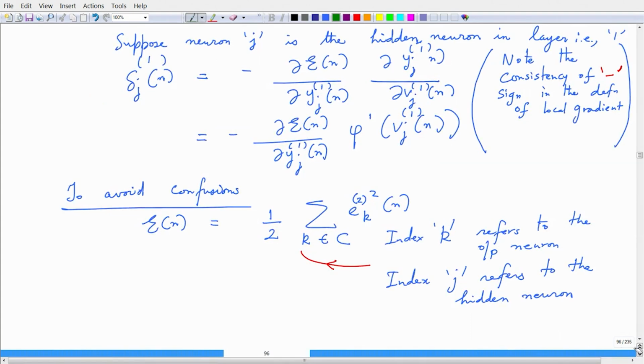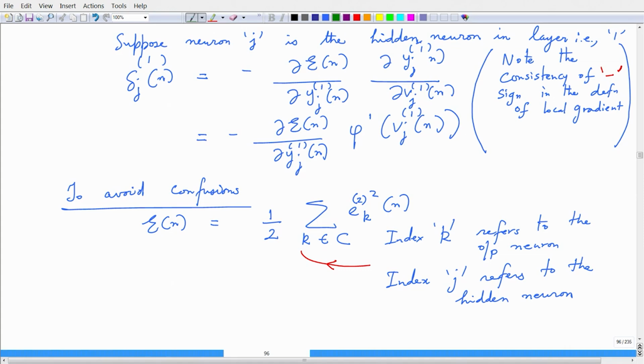Now, if j is a neuron in the hidden layer, then the local gradient delta j is minus the partial derivative of the total error with respect to the functional signal at that particular node in the hidden layer, times the partial derivative of the functional signal with respect to the local reception field.